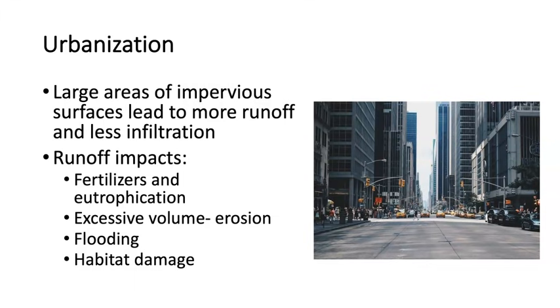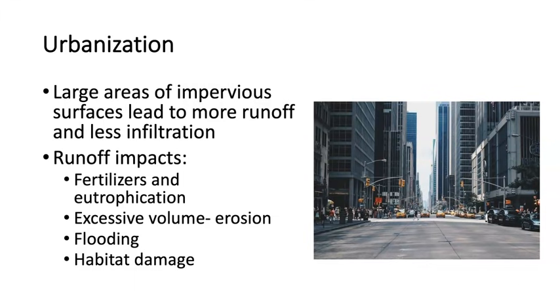You'll have significantly more water running off into sewer drains and then out into waterways when there is a highly urbanized area. So with runoff, when all that goes into a sewer drain anytime there's rain, it goes into the stream, starts to pick up the velocity and the volume of that stream, which can lead to bank damage along the sides, habitat damage, erosion, and potentially flooding as well.